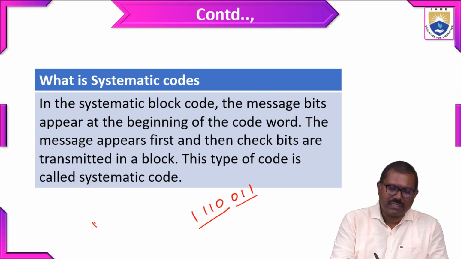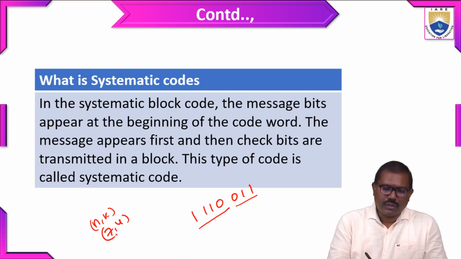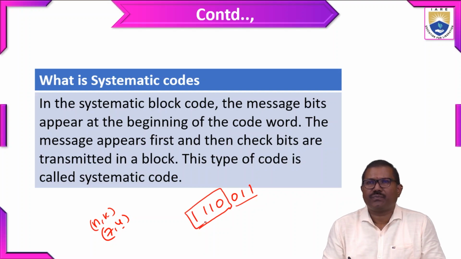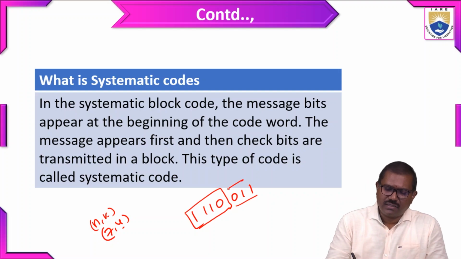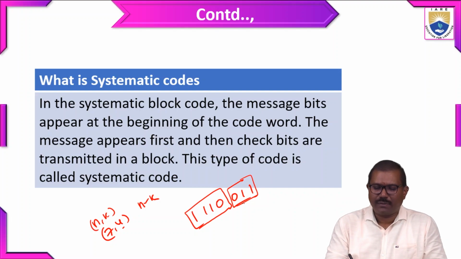For example, this is an (n, k) code, or (7, 4). What are the message bits? These four are called message bits. And the next three? These three are the n minus k parity bits: 7 minus 4, we get 3 parity bits.